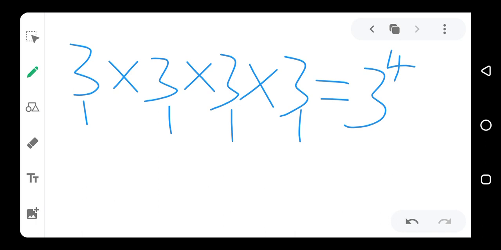Now this one that is here, showing the number of times it is occurring using times to separate it, is called the expanded form, while this one is called the index form.